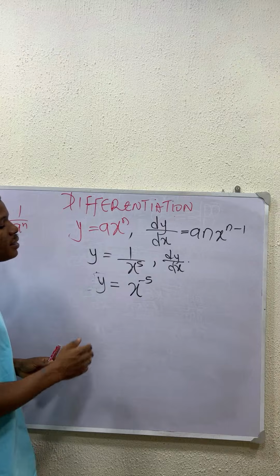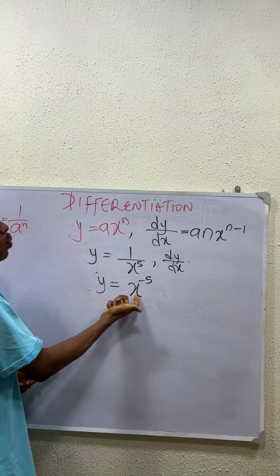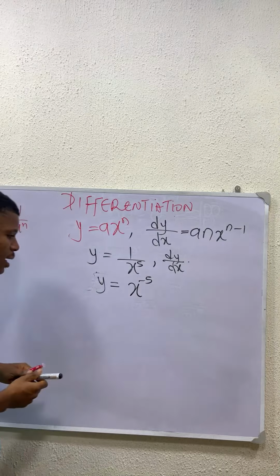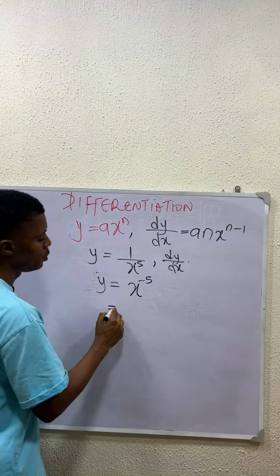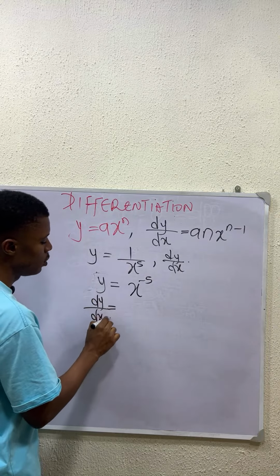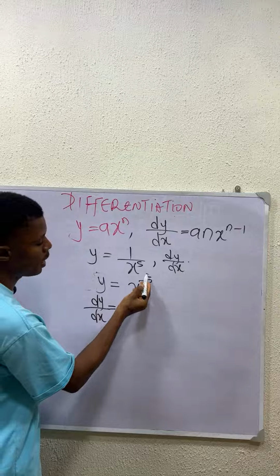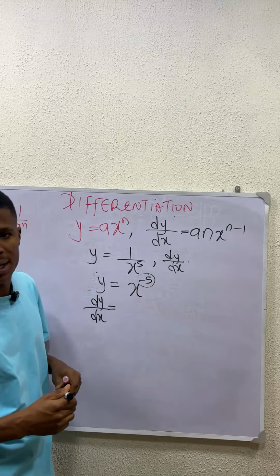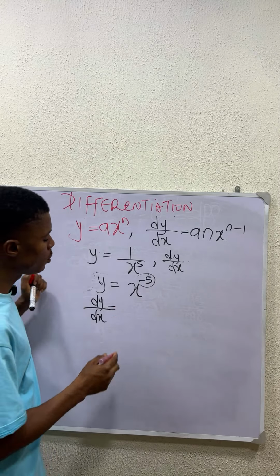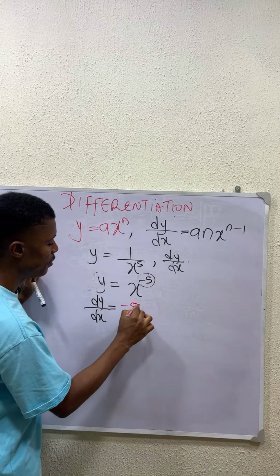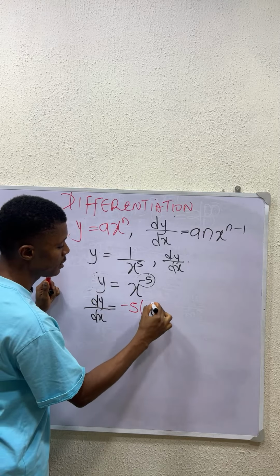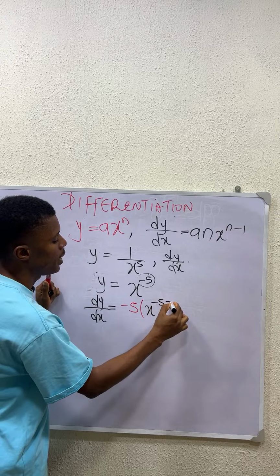So we are now differentiating y when we have x power negative 5. What we have to do is multiply by the power. The power is minus 5 here, so we have minus 5, then the existing variable x to the power of minus 5 minus 1.